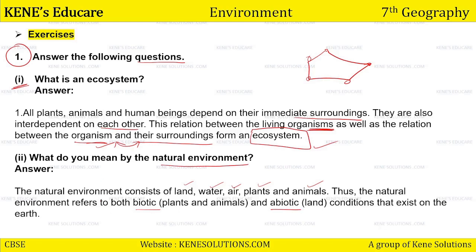So the natural environment refers to both biotic and abiotic conditions that exist on the earth. Basically, the natural environment is that environment which has occurred on earth naturally. We have not made it. It is not artificial or made by man. It has been there on earth because of nature. It's there naturally, for example, land, water, air, plants and animals.